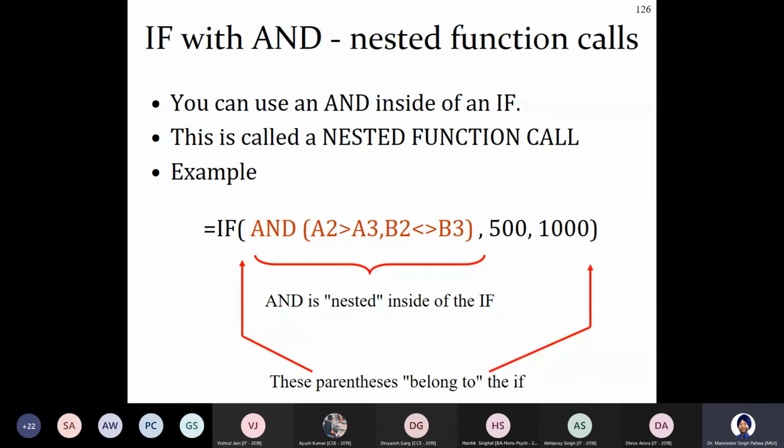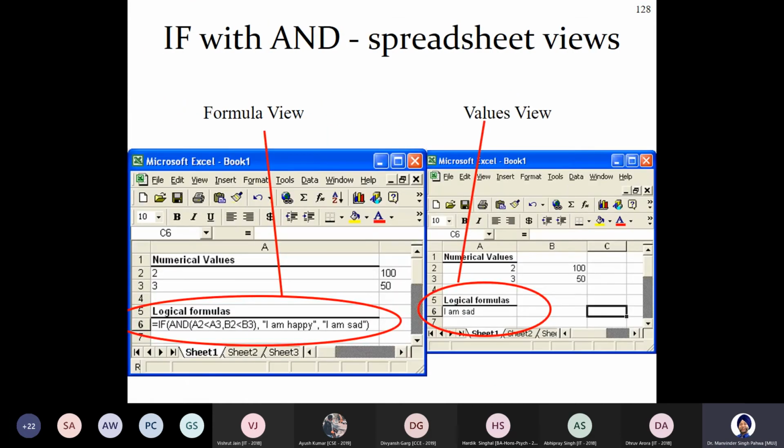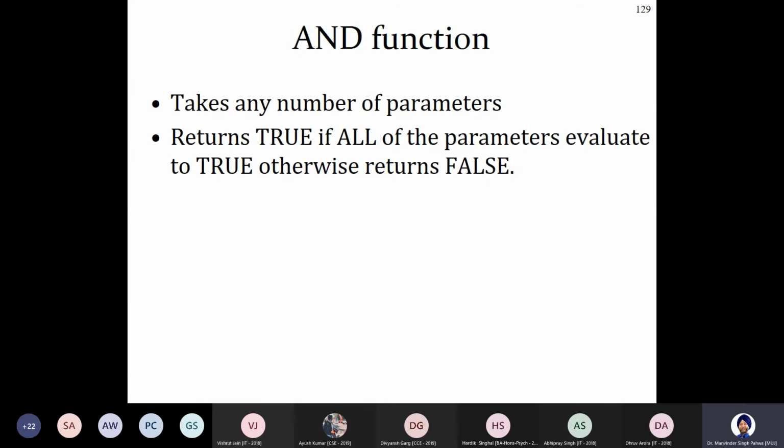For example, IF AND means if both these things are true, then 500 or 1000. Getting it? So one function can be nested in another. You can use this also with I'm happy and I'm sad. You can use this as such. These are all for understanding purposes, right?